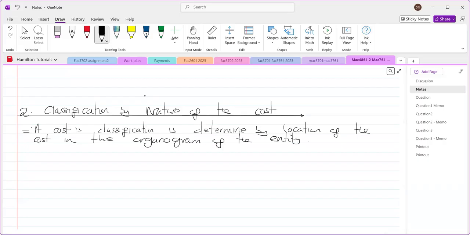Wonderful. Right, a cost classification is determined by the location of the cost in the organogram of the entity, assuming a divisionalized organizational structure.